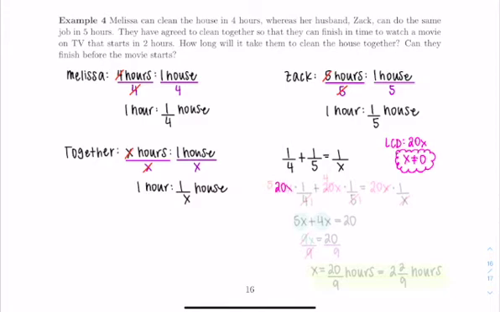But we're going to multiply each piece by 20x. So 20x times 1/4 plus 20x times 1/5 equals 20x times 1/x.